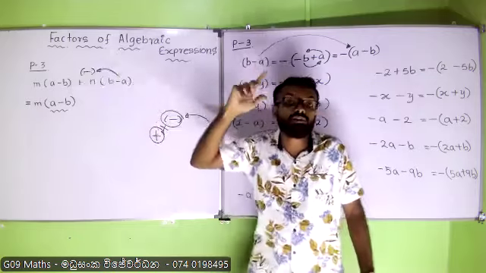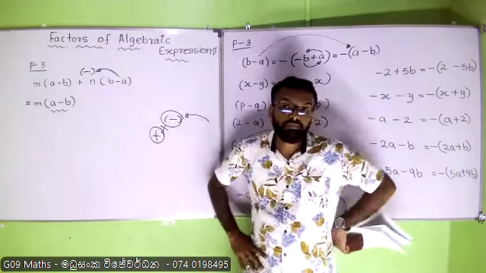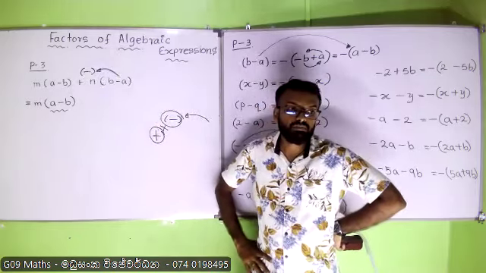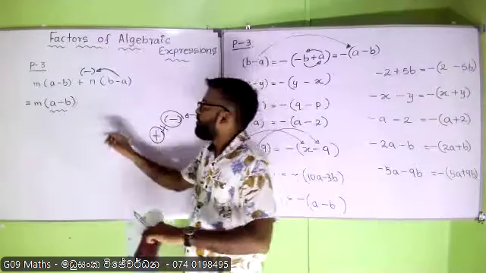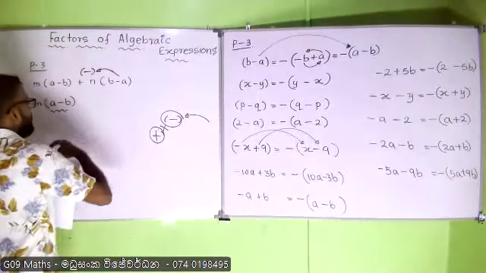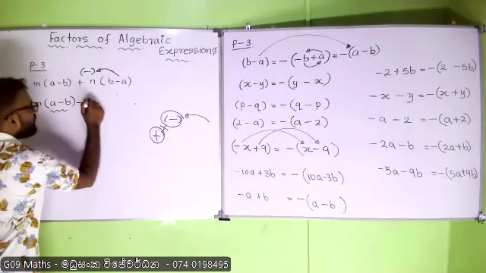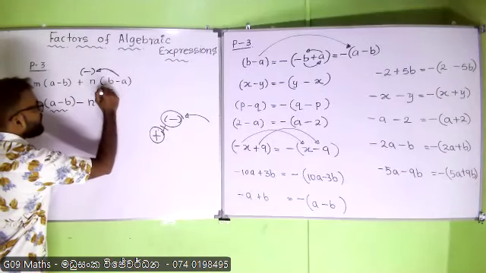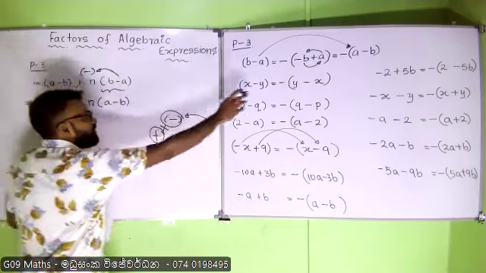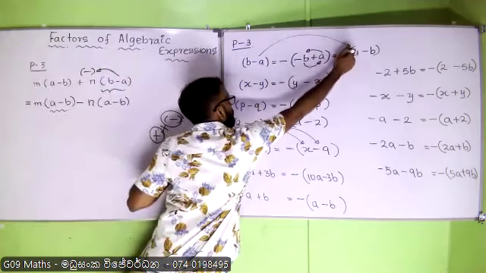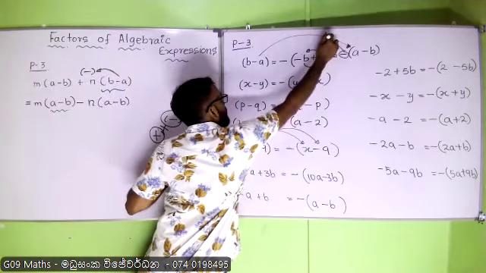Positive into negative, what is the sign? Can anyone tell me? Negative. So positive into negative is negative, n times. Now we can write this b minus a as a minus b because we have taken this negative sign out.